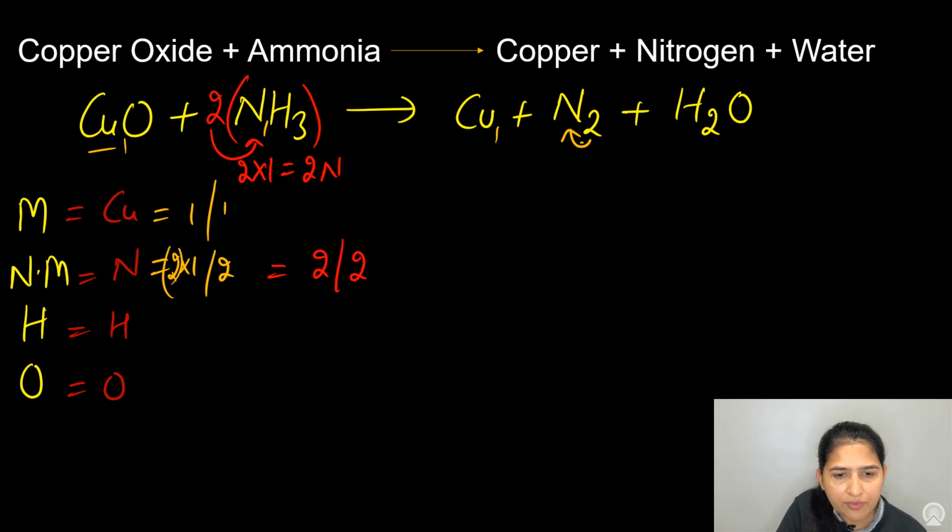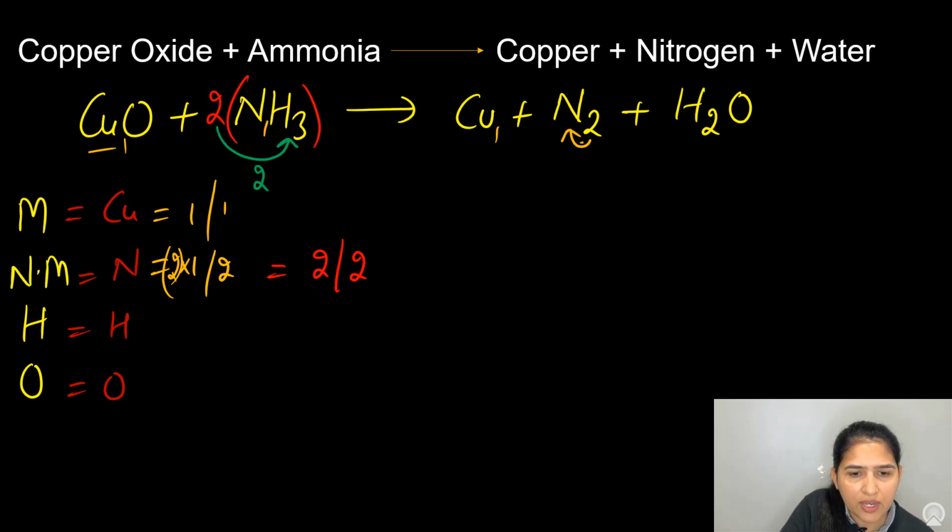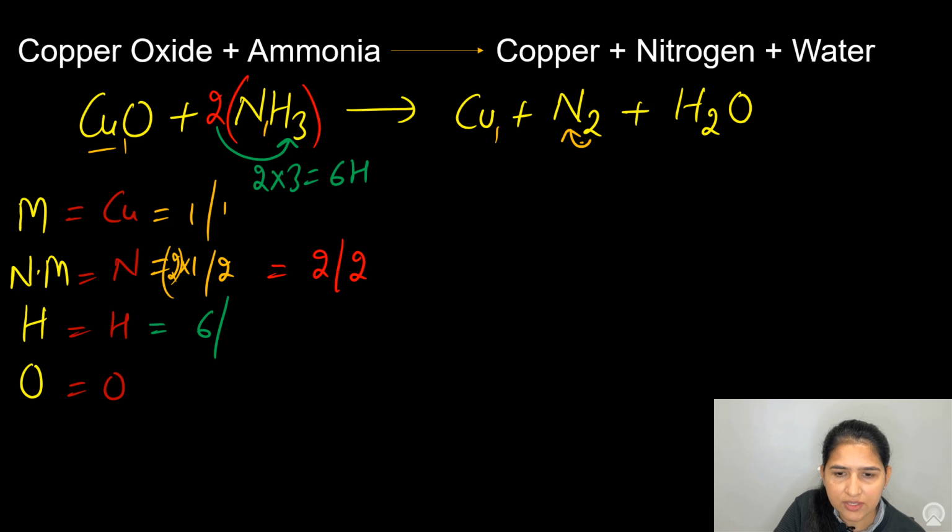So after balancing the nitrogen, we can check it for hydrogen. Now let's check it for hydrogen. As we are checking, we can see we have in total 6 hydrogen, 2 times 3. So on the left hand side it is 6, while on the right hand side it is only 2.